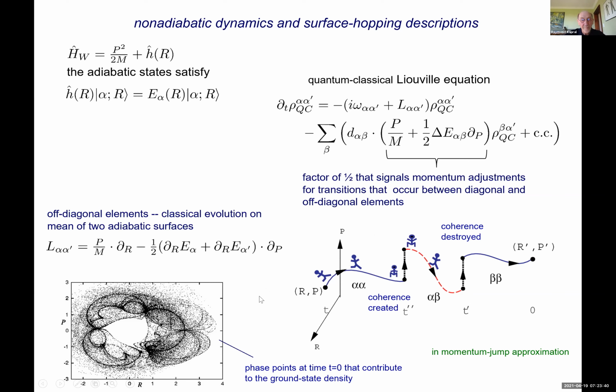And as an example, on the lower right corner, I show all of the initial values of the trajectories, the points R prime, P prime, that contribute to the density at a particular phase point. So you can see it's a very complicated structure of the phase space, and you in principle have to take into account all of these trajectories. To compute average values, it's much easier, and Monte Carlo allows you to sample that.